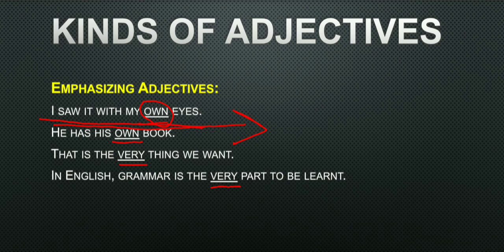In the same context, in the third sentence, look at the word very and omit it for some time. That is the thing we want. So the meaning or the context of the sentence is not changing. So that is why when very and own are used as adjectives, they create emphasis.